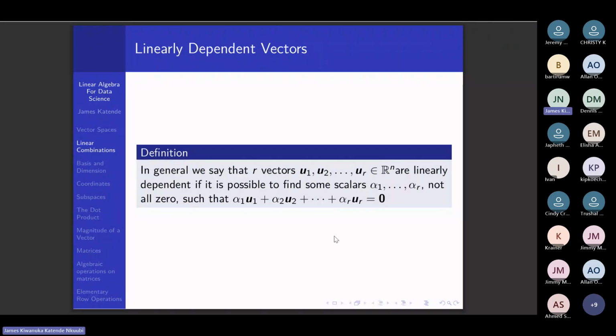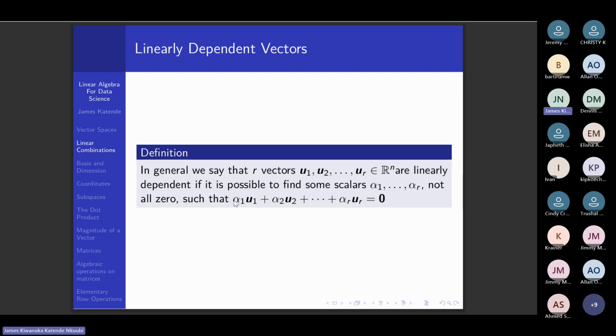We must have some non-zero scalars in that set. So that's why we say not all 0. There should be some scalars which are different from 0, such that this linear combination equals 0.